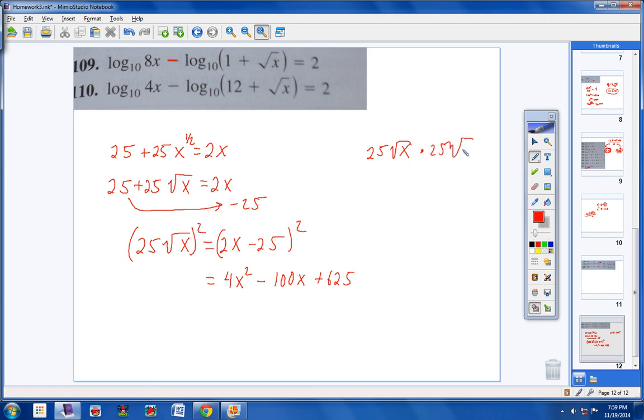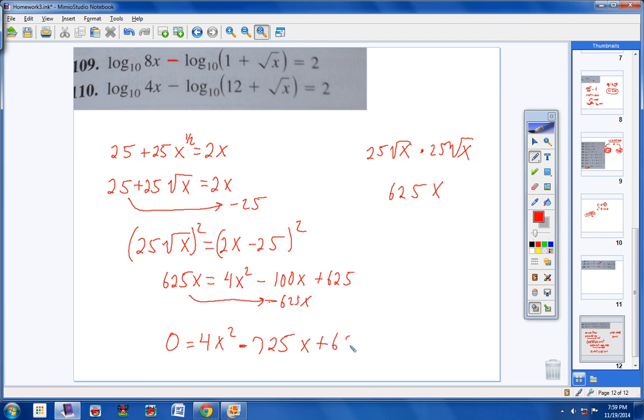Okay? Well, 25 times 25 is 625. Square root of x times square root of x is x. So I get 625x. Okay? Now bring that over and make it negative. And I'm left with 0 equals 4x squared minus 725x plus 625.